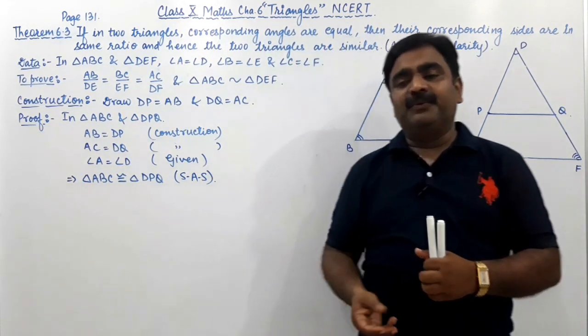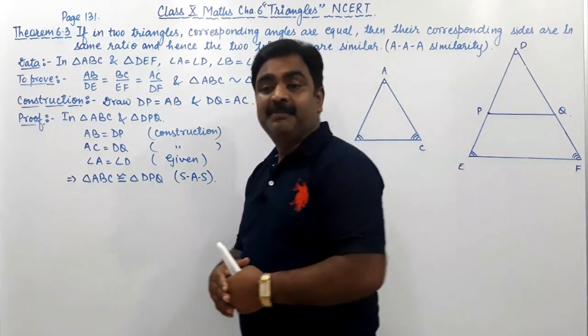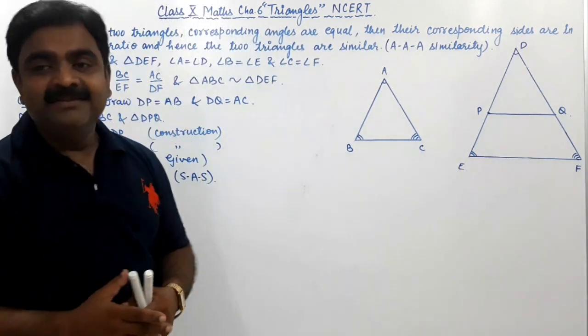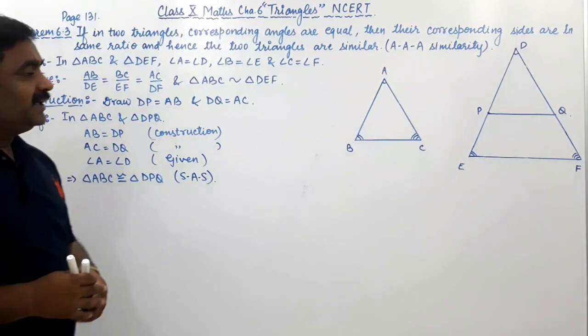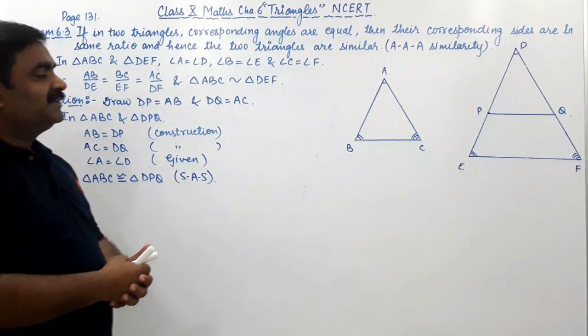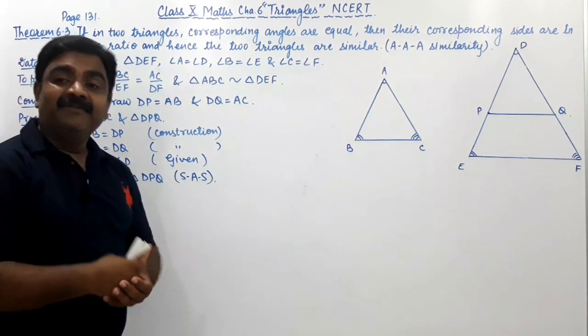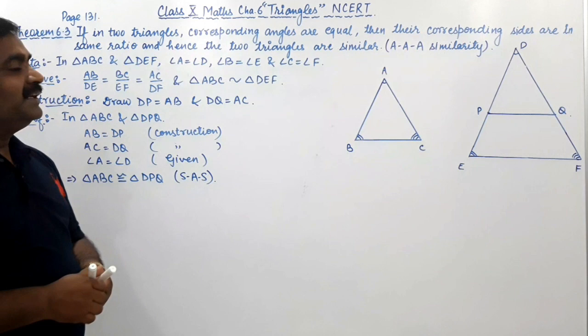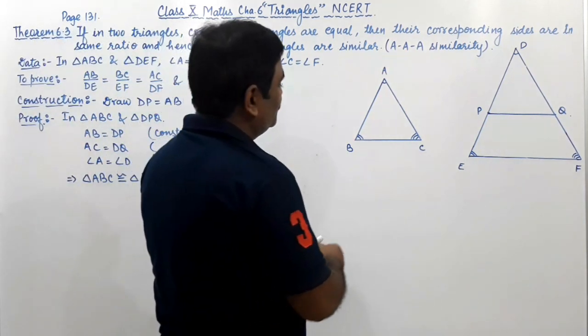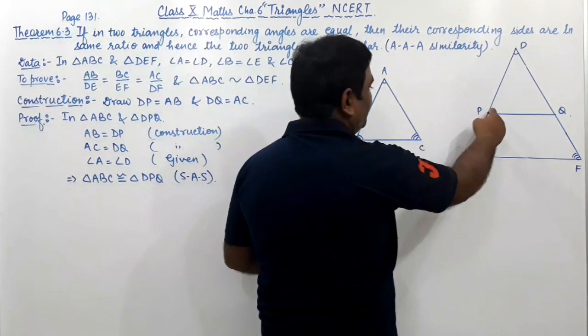If they are congruent, then what is proved for us? Congruence is proved. If they are congruent, then what can you say? Can you say that angle B is equal to angle P?